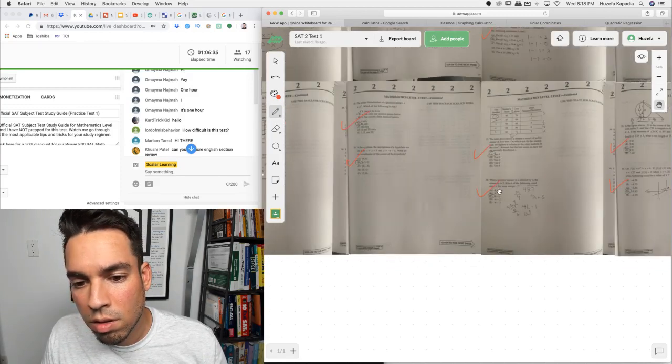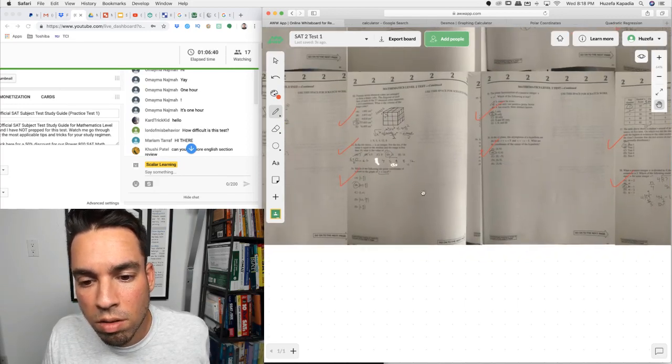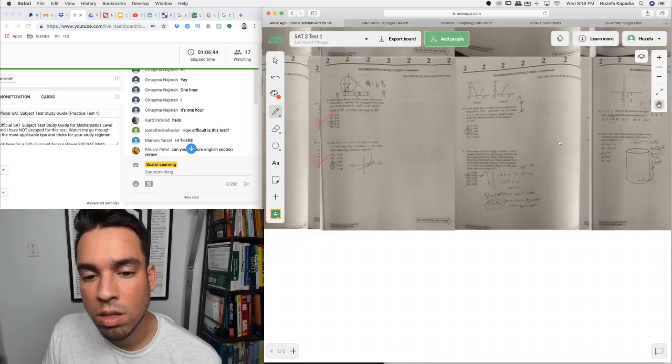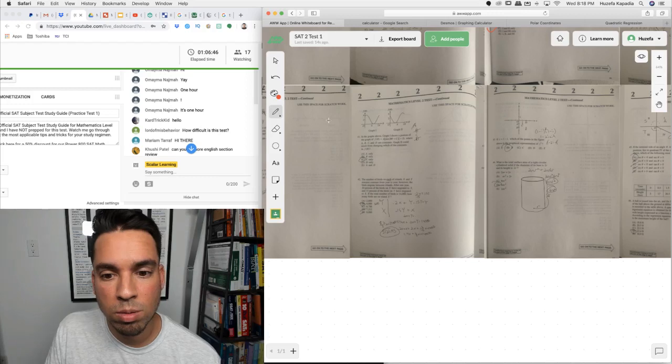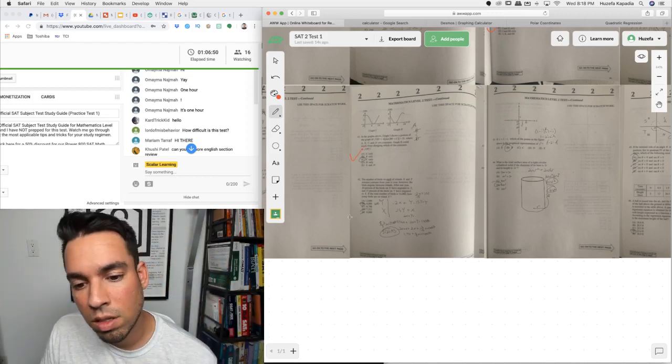I think I got that polar coordinate one right? No, not yet, maybe. Yeah, I did. I got the polar coordinate one right. So we got to look back at 34 and explain how to do that.